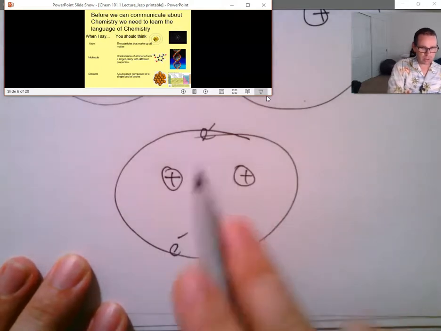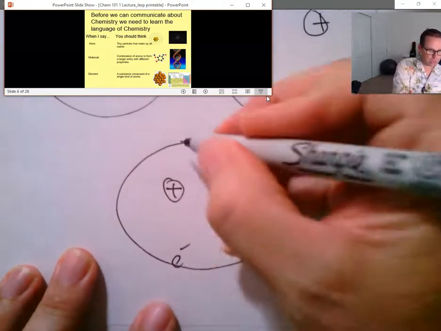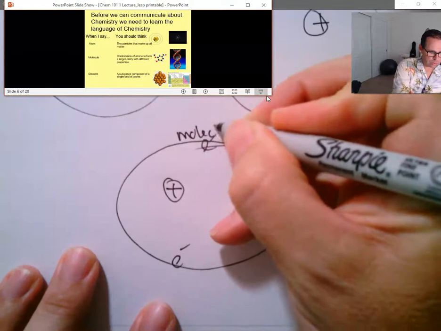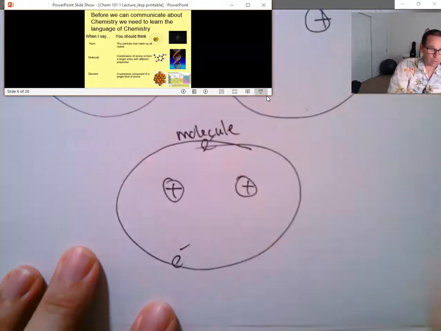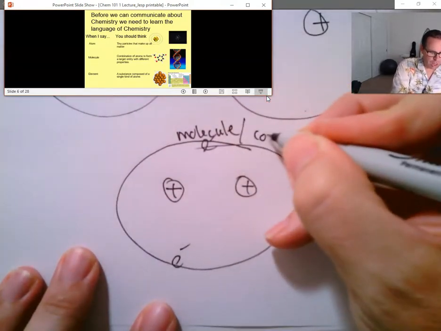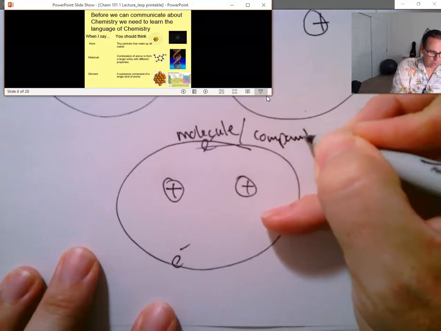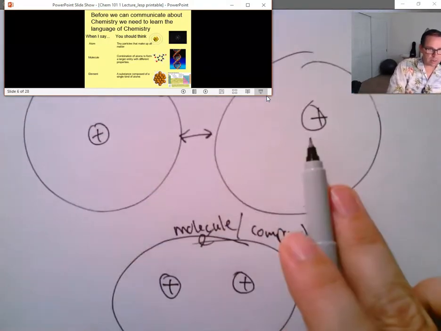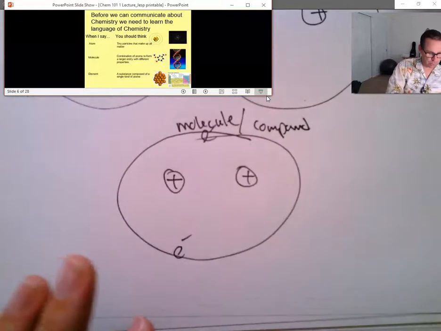So this here is a molecule, or you might want to call it a compound, right? That's when you take separate atoms and bring them together and you form a molecule.